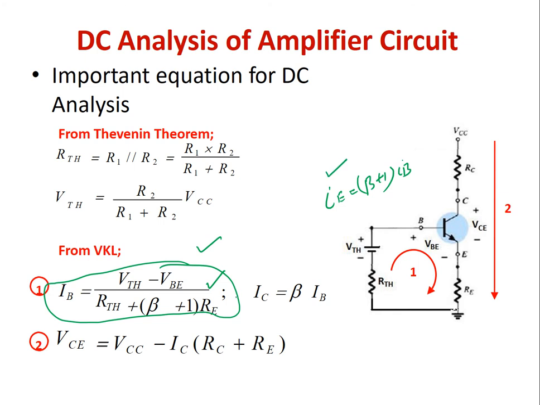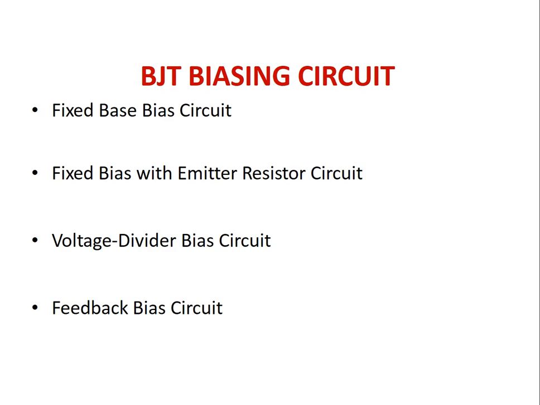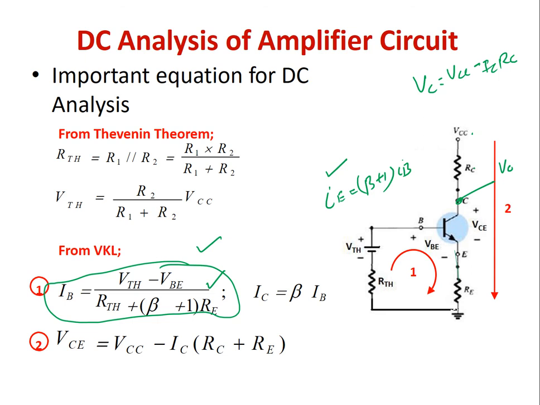We can calculate IE, then we can calculate VCE here. The same relationship: to calculate VC, that will be VCC minus IC into RC, and if you have this RE here, that will also add up here. By using these relationships, we can do the DC analysis.